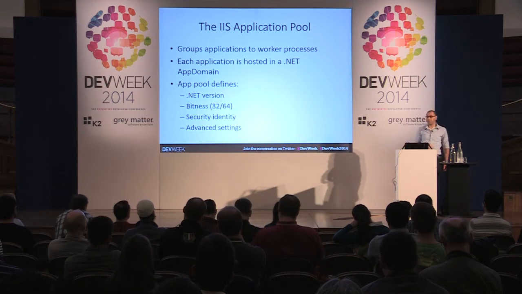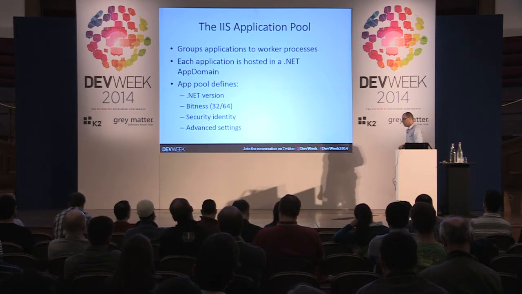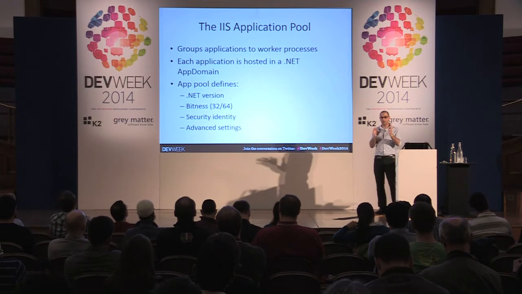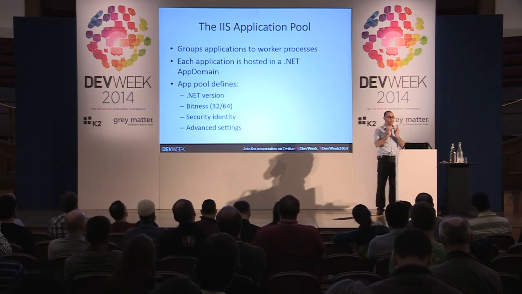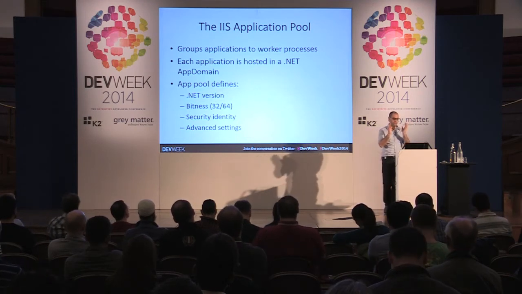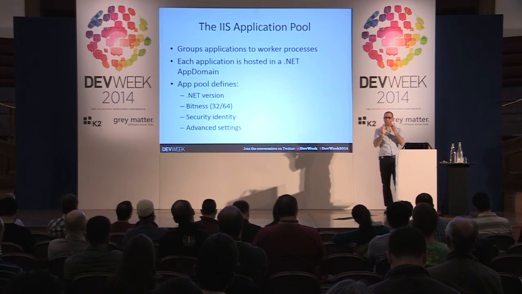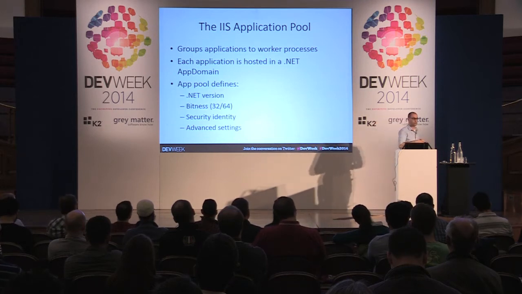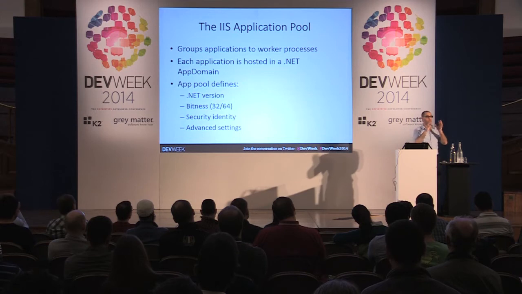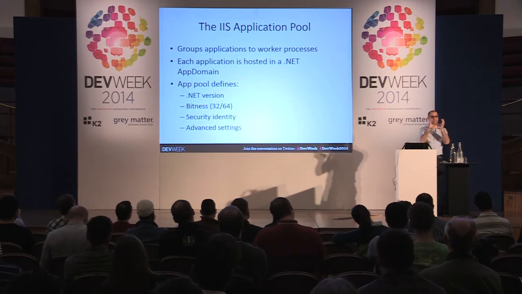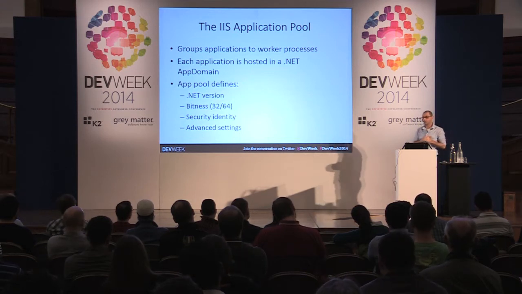Okay. Now let's talk a bit about the application pool. First of all, the concept of application pool is basically a way to decide in which worker process, in which executable my application will run, and whether another application will be hosted in the same process as my application.